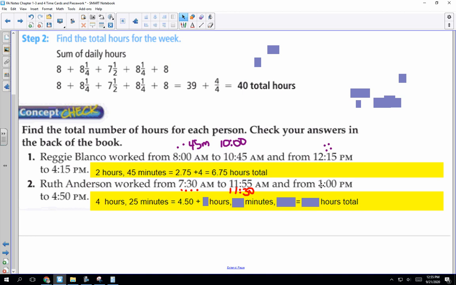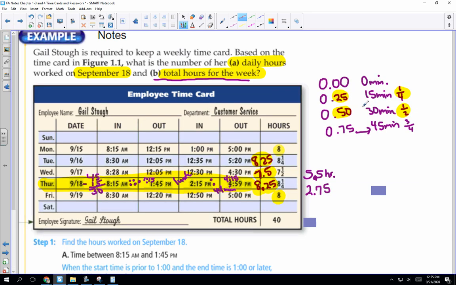Okay, the next one is from 1 p.m. to 4:50. So 1 p.m., 2 p.m., 3 p.m., 4 p.m., and then we run out of time. So we ended at 4 o'clock. So we have 50 minutes. And then we take a look at our little chart and we say 50 minutes is kind of closer to 45 than it is to 60.